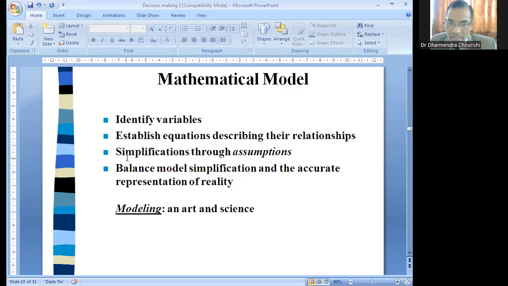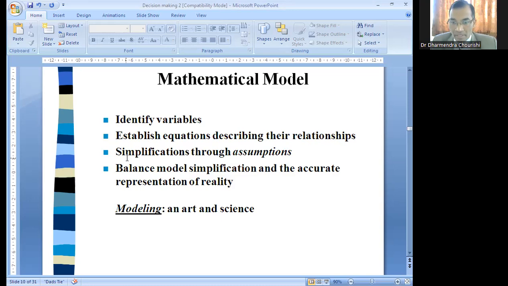Second one is establishing equations describing the relationships. You have to have a clear-cut understanding and classification of different variables, because you are going to implement those decisions and we are going to use those variables.